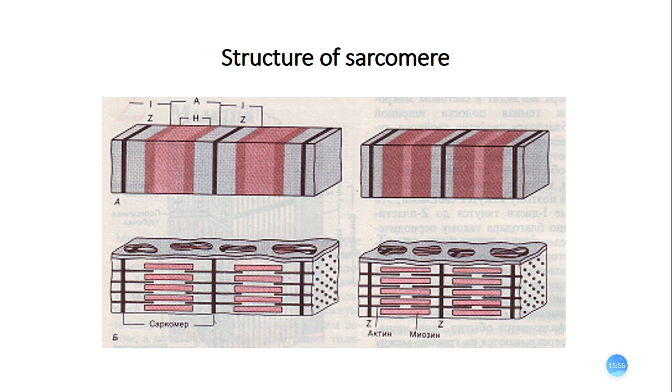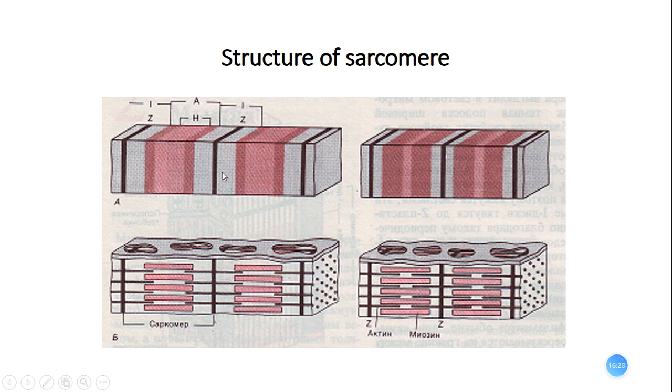And we have the A band, sometimes we call it dark, from here to here, because it's anisotropic to polarized light, so polarized light cannot pass through this area. In the A band we have myosin filaments, and in the I band we have actin filaments.